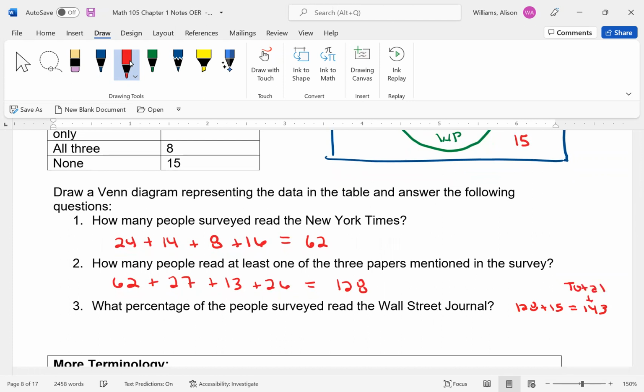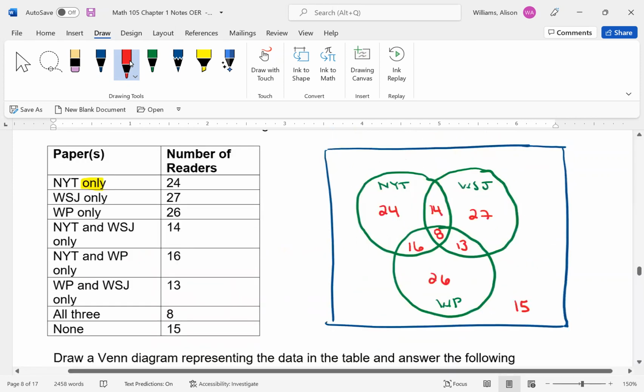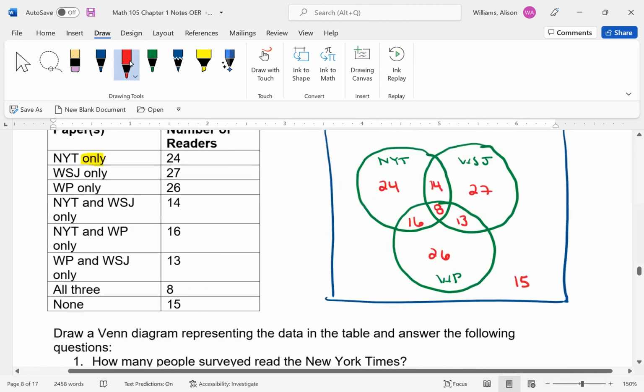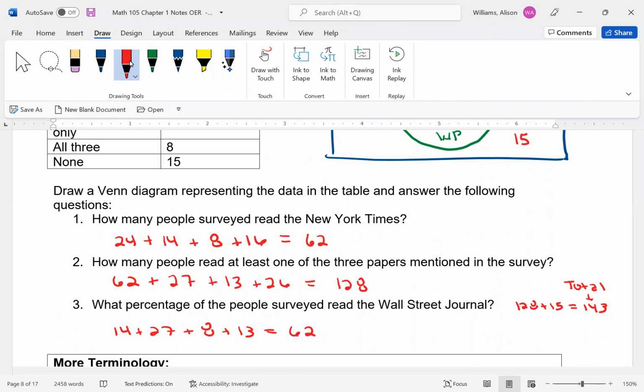All right. So read Wall Street Journal. Okay, so here, let me come back up here. So 14, 27, 8, and 13. That's what I want to add. So that totals up to, I got 62 again. Interesting. Now I'm questioning myself. 49.